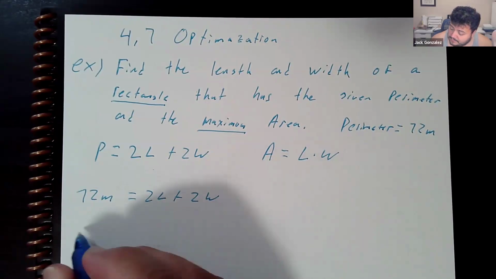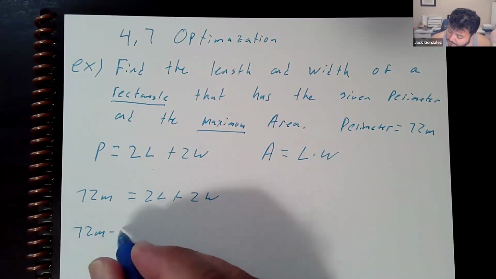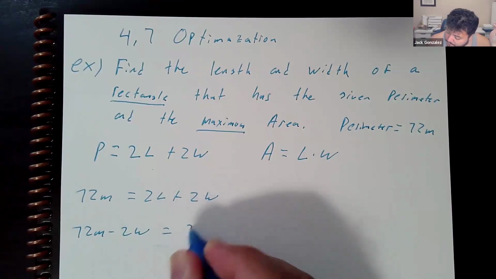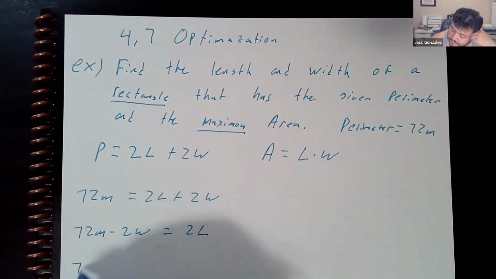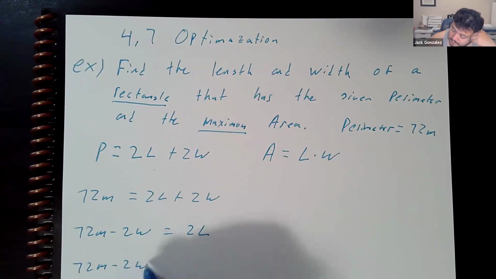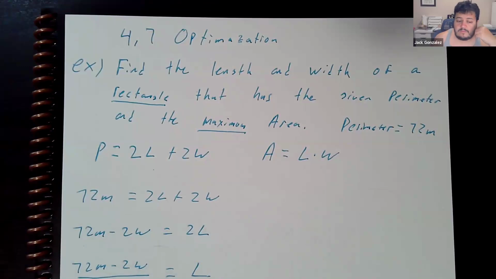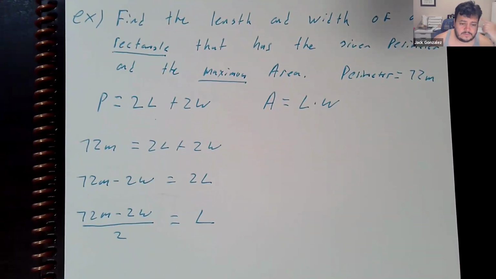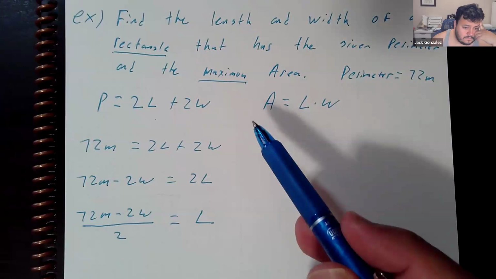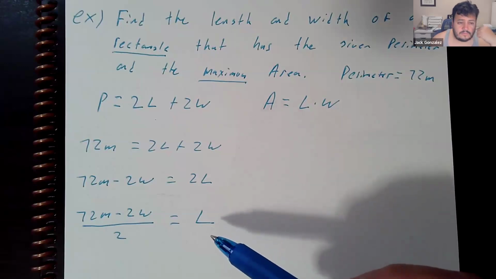Right, so subtract the 2W, divide by 2. Here is my L. I skipped some algebra steps. Do you have any questions on the algebra? Do you see how we solve for L?